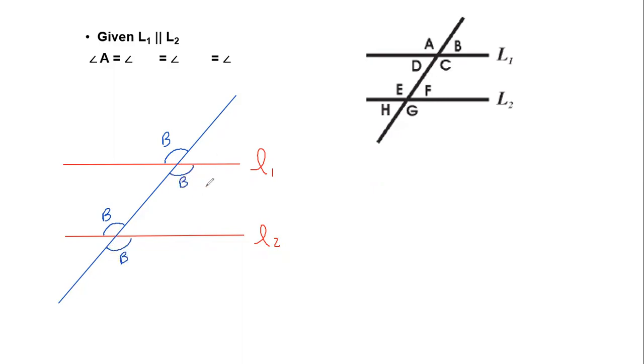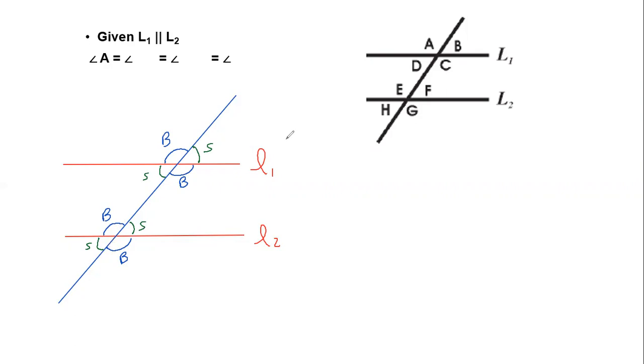Now you can name them. You can call them corresponding. You can call them vertically opposite. That's your call. But the idea is every big angle is equal, and every small angle created will also be equal. So this angle is small, this angle is also small, this angle is also small, and this angle is also small. So every big is equal to every big, and every small is equal to every small.